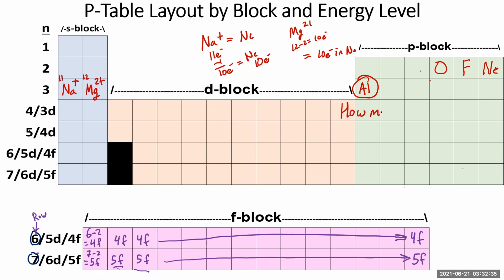How many electrons would aluminum need to gain or lose to become isoelectronic with neon?